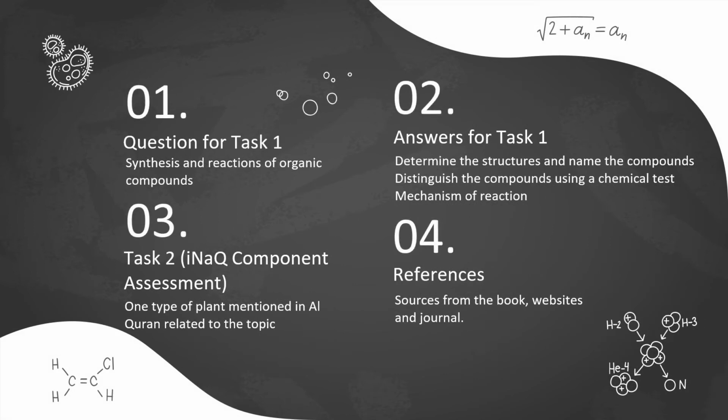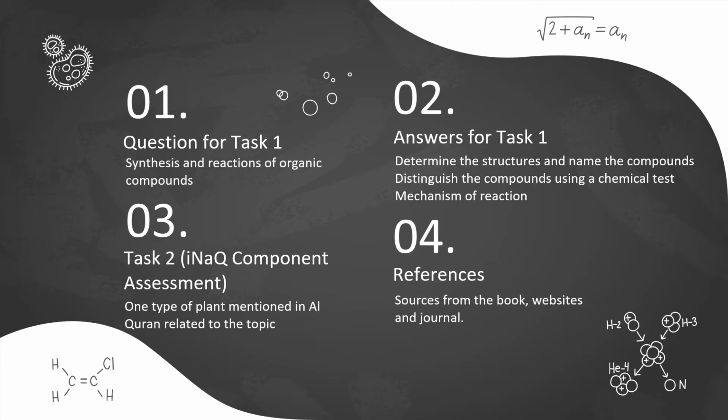For this slide, there's a little bit of content about our assignment. The first content is the question for Task 1, that is synthesis and reaction of organic compound. The second is the answer for Task 1, that is determine the structure and name the compound, distinguish the compound using a chemical test, and mechanism of reaction.